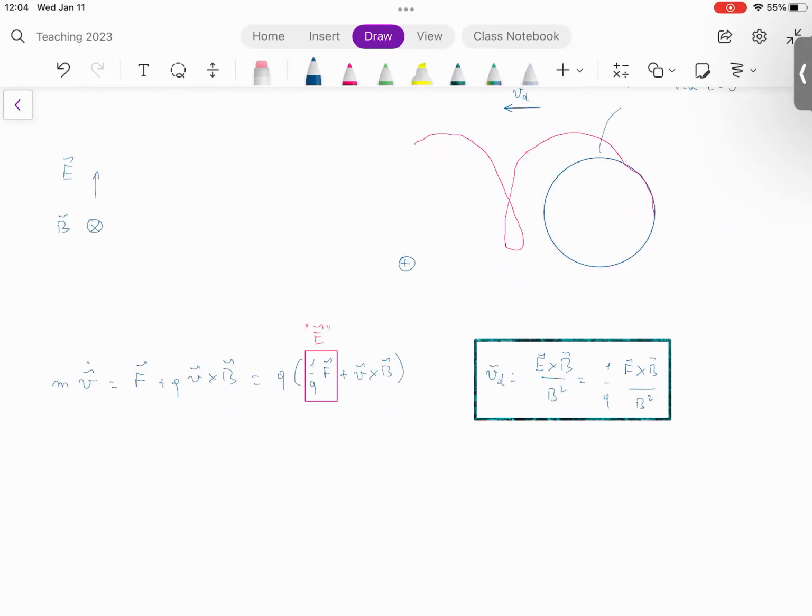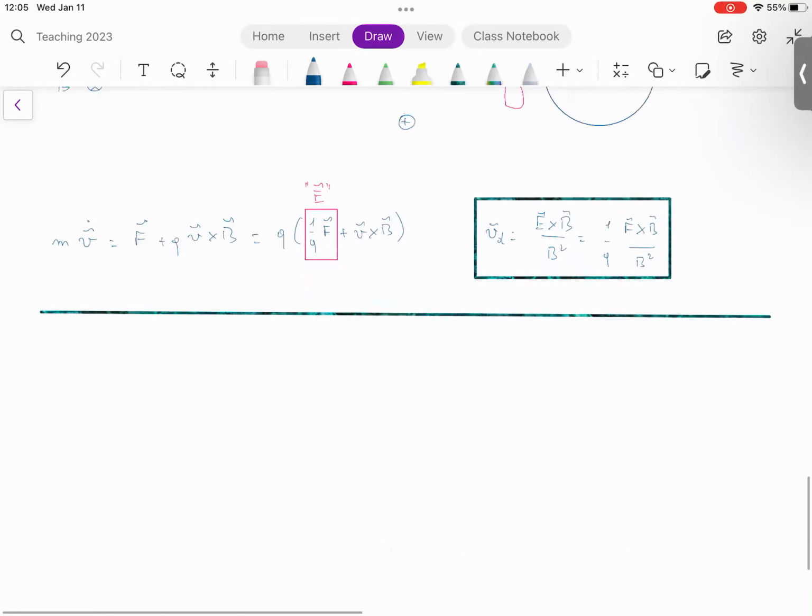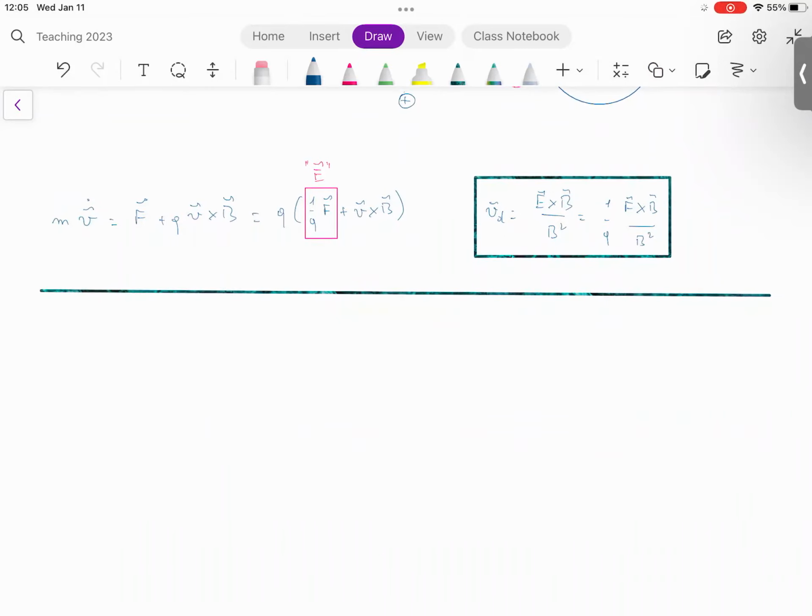Now, after the customary division line here, let's move to a more complicated case.